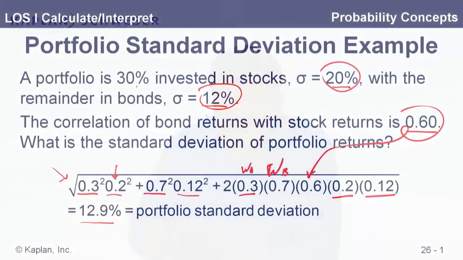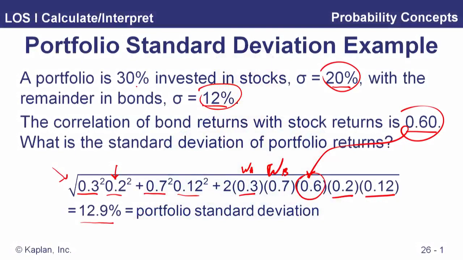So that would get us 14.4. Okay. But because they're not perfectly positively correlated, because this correlation is less than 1, there are some diversification benefits there. And so that's why we were able to come out with just 12.9 rather than simply a weighted average of the standard deviations on our two stocks.